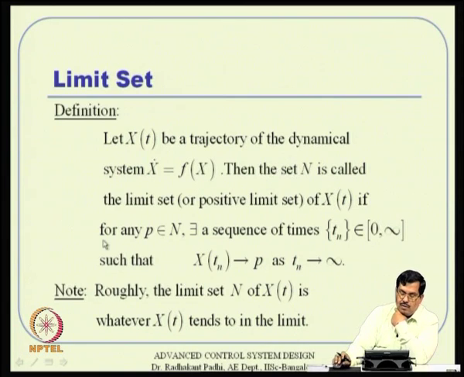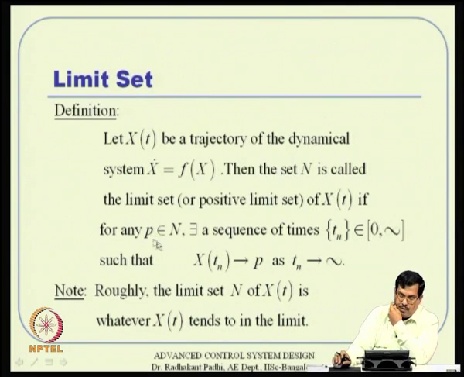Then the set n is called the limit set, or positive limit set, of x of t if for any p that belongs to the set n there is a sequence of times t n, that is t0, t1, t2, t3 and so on, going to infinity, such that x of t n approaches this point p. When t n goes to infinity, x of t n should go to this point p.